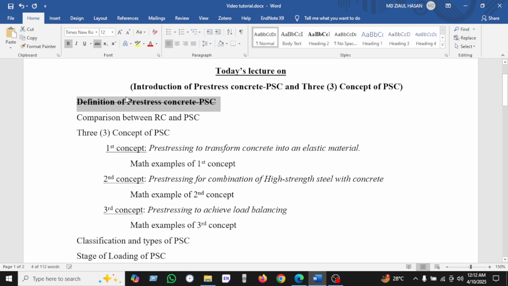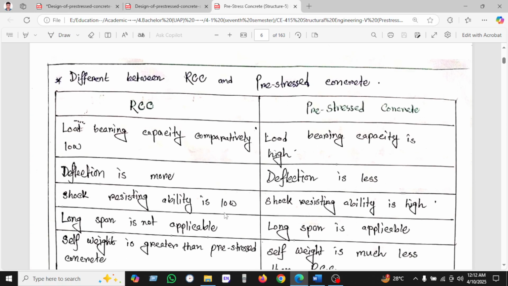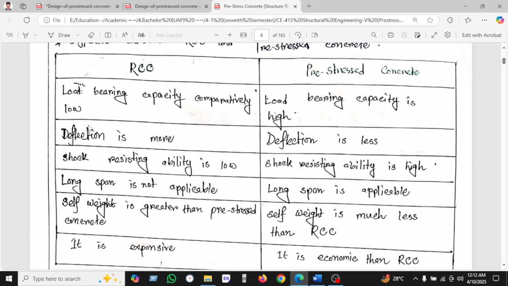Now we will see the comparison between RC and Prestress Concrete, the difference between RCC, reinforced cement concrete, and Prestress Concrete. Load carrying capacity is comparatively low in RC, and very high in Prestress Concrete.